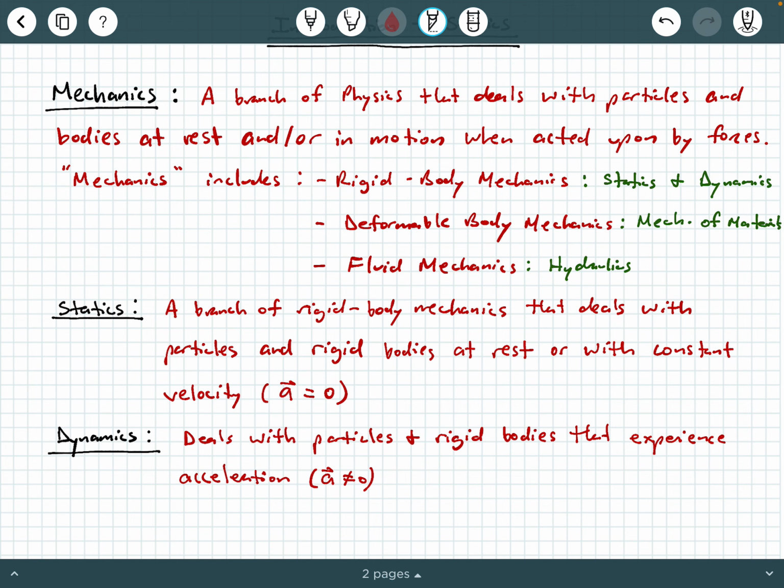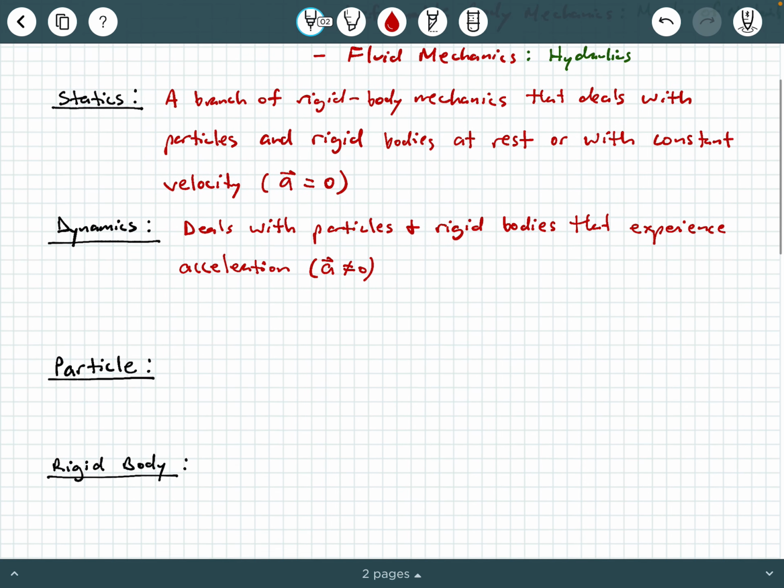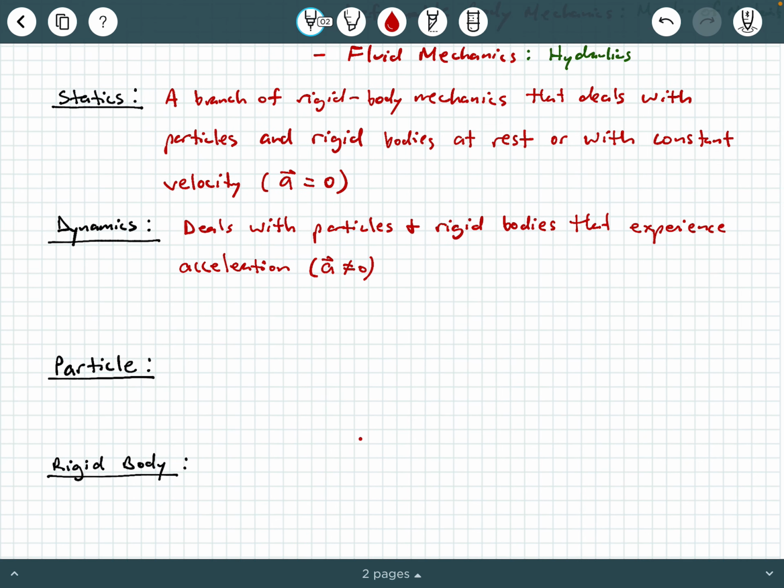You've seen me write a few keywords here. In particular, I wrote down these two terms, particle and rigid body. What do we mean by those? So let's define those next. A particle, what is a particle? Well, this is a zero-dimensional object with a mass.